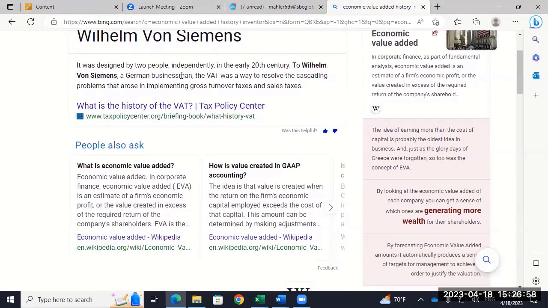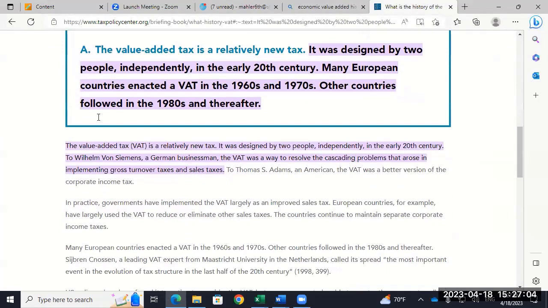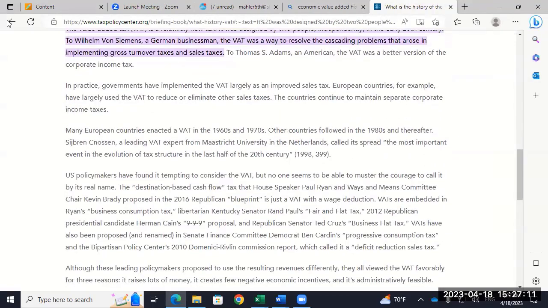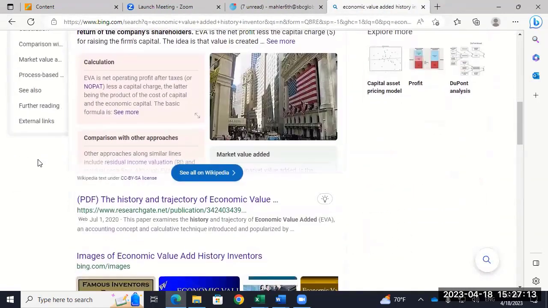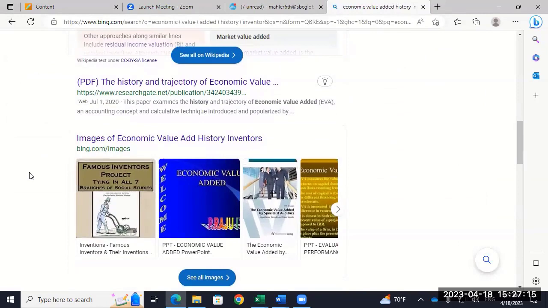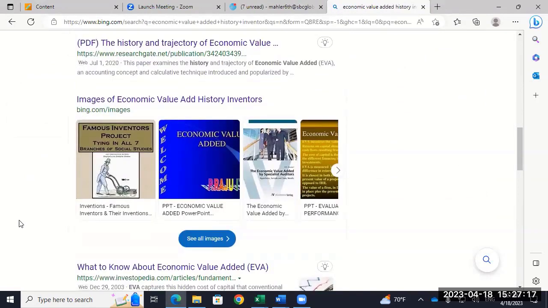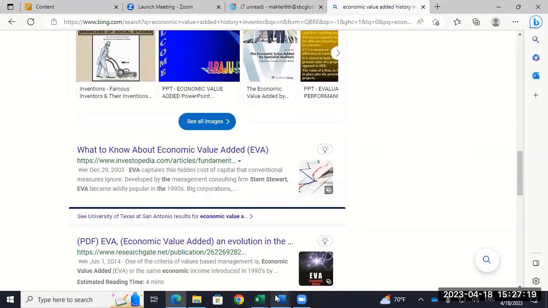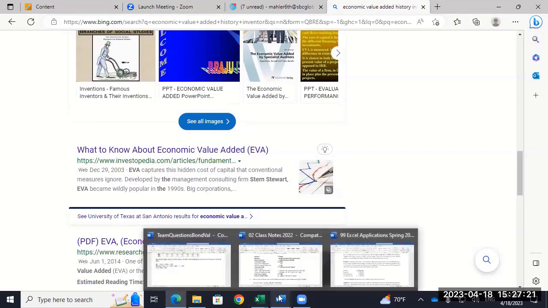Independently, William Simons, a German businessman. Yeah, I remember it from the 80s, but that may not be the right one. Anyway, it's used by many companies, but not all companies.